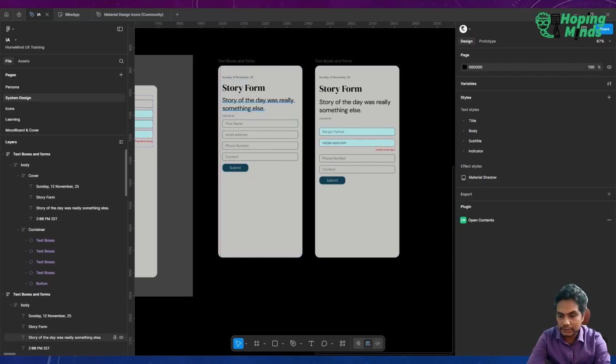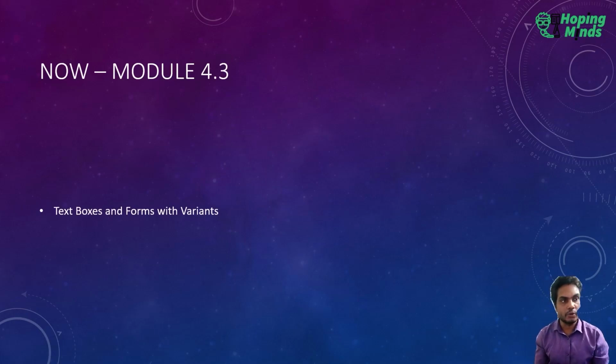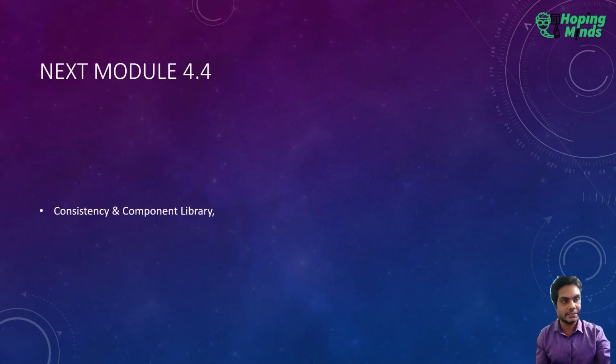Now let's go ahead and see what we are going to learn next. So we learned about text boxes, forms, and how to create different variants and use them in a design.